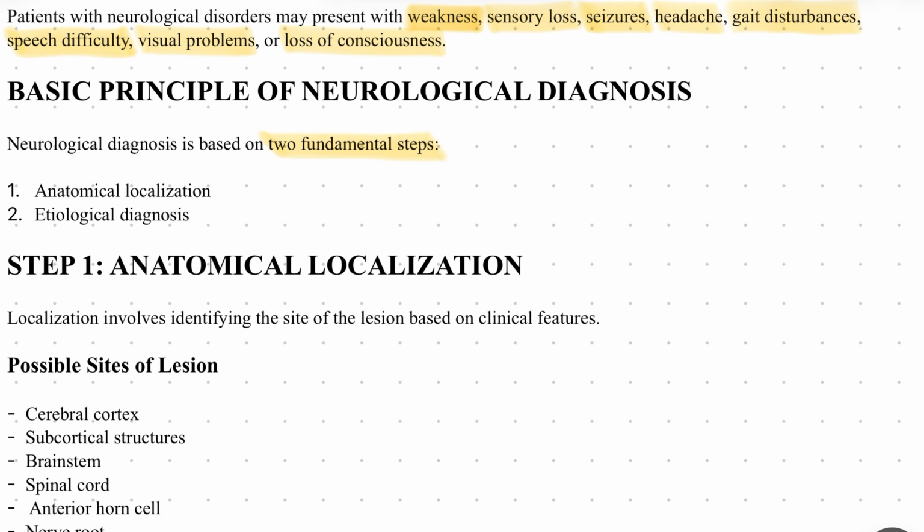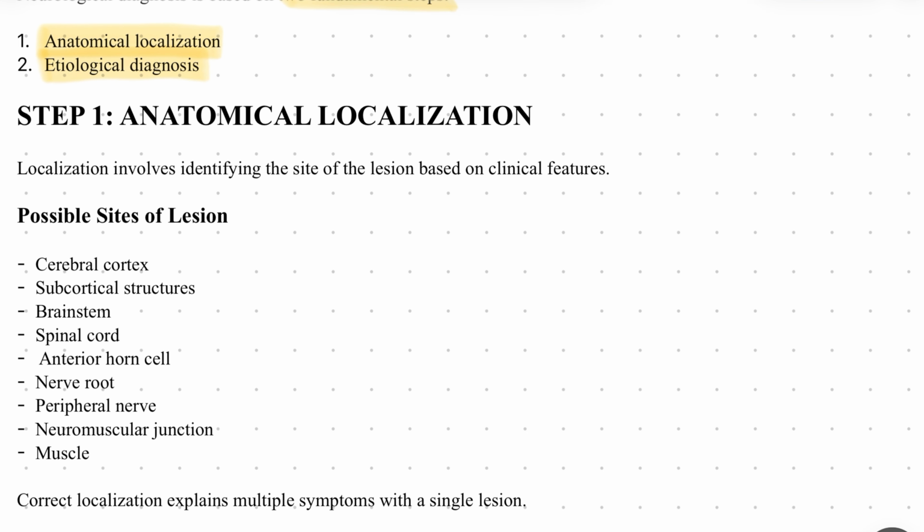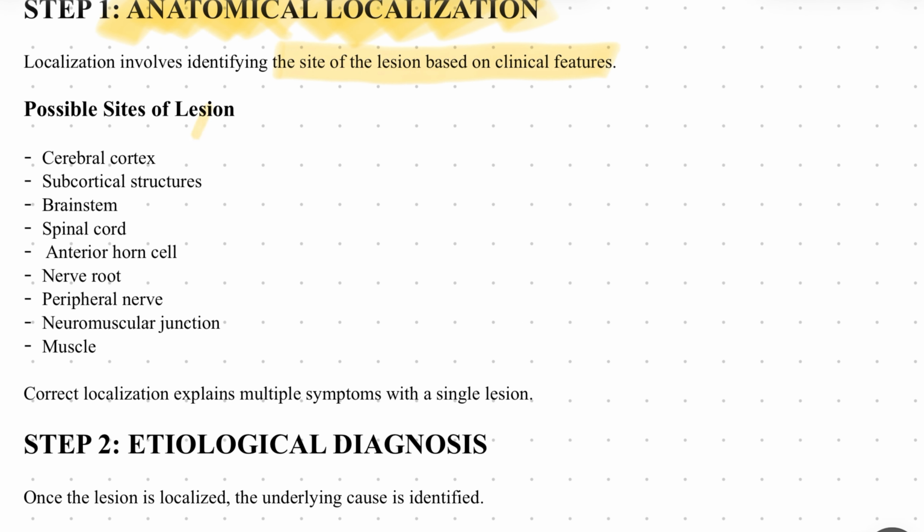Then basic principles of neurological diagnosis. You have two fundamental steps: first the anatomical localization, then the etiological diagnosis. Why it is important, you will understand as you go through the video. Step 1 is anatomical localization, which involves identifying the site of the lesion based on the clinical features.